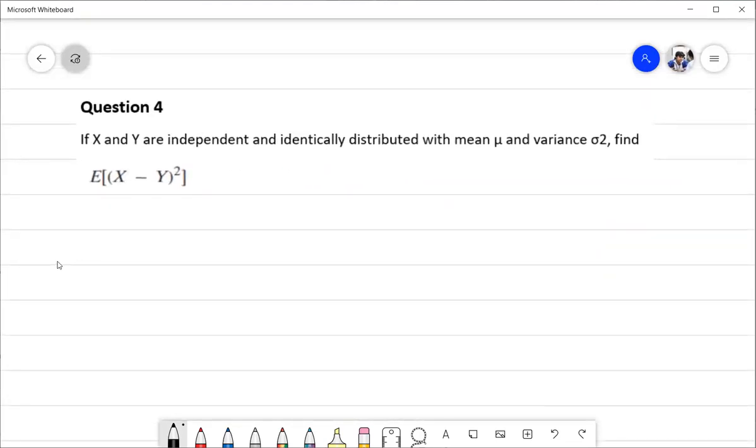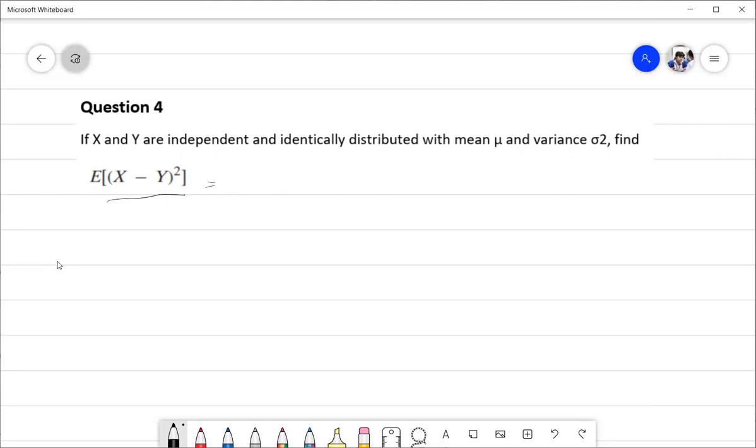Now, this is a question I quite enjoy. The question says, if x and y are independent and identically distributed, and they've given you the mean and the variance, find this expression. This is a question that I think Sir has covered in his lectures as well. Not this particular question, but the concept on how to expand this. Now, if I have a quadratic inside this, I first need to find as simple an expression as I can for it.